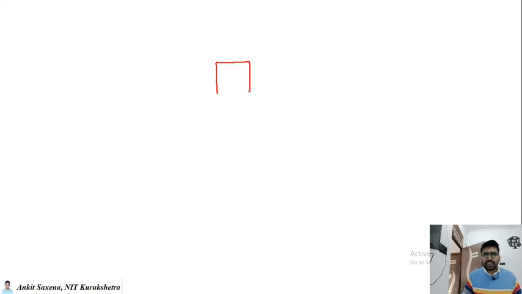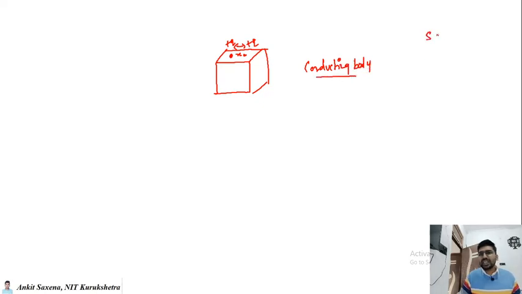Suppose we have a neutral body. If we place plus q charge here and plus q charge here at a distance of x, and this body is a conducting body, then because we are placing the same nature of charge, we know that charges of the same nature always repel each other.